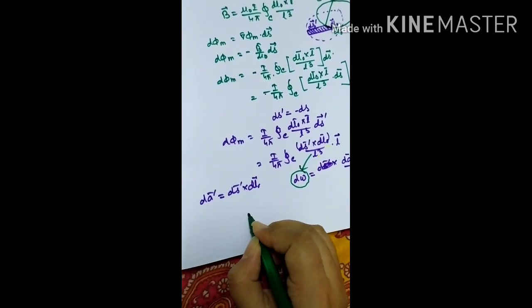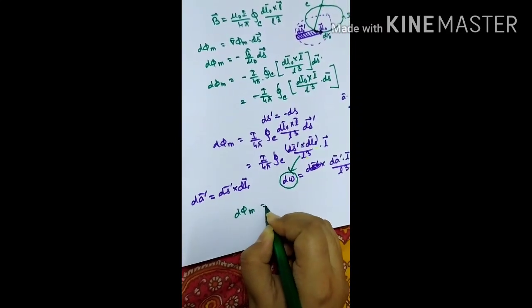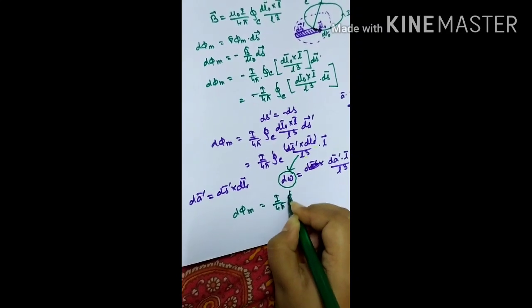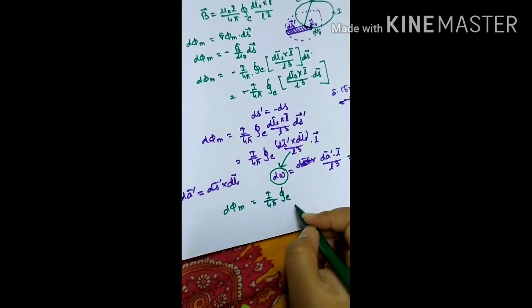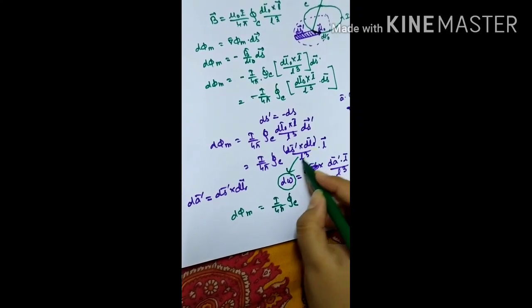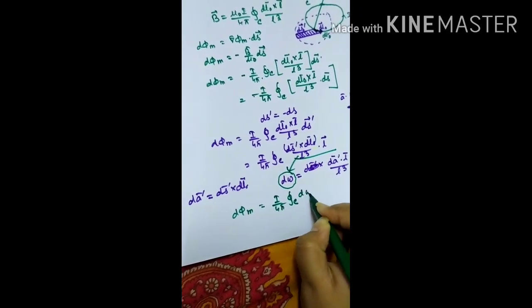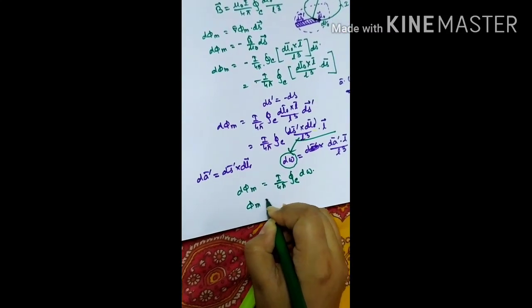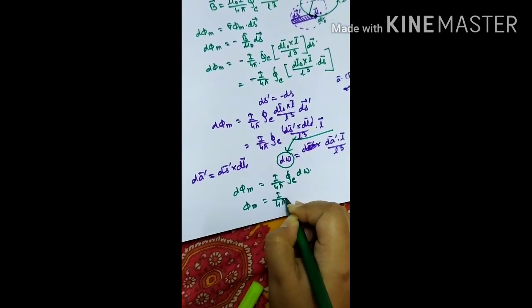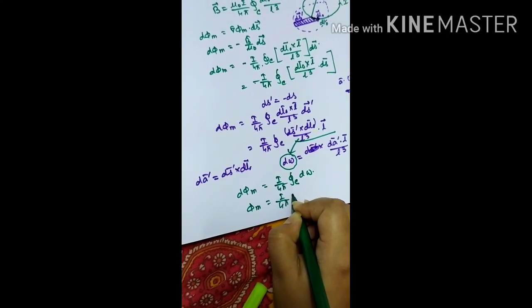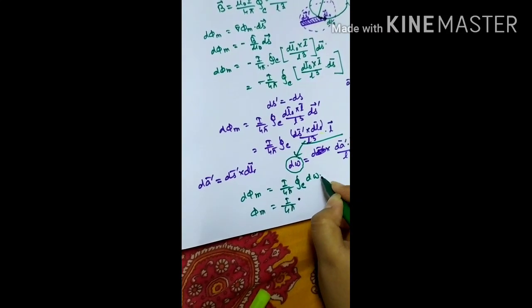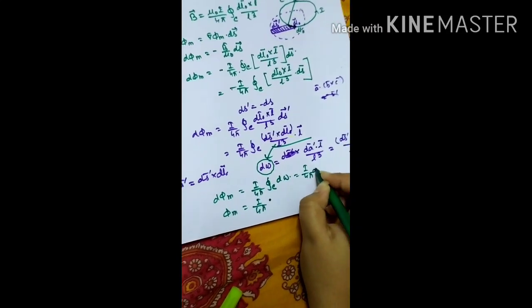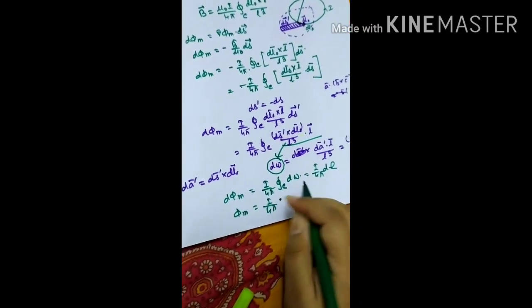So we can find that d phi m equal to I by 4 pi closed integration of, instead of this thing, d omega. So this is d phi m. What will be phi m? Phi m will be I by 4 pi integration of d omega, equal to capital omega, that is the solid angle.